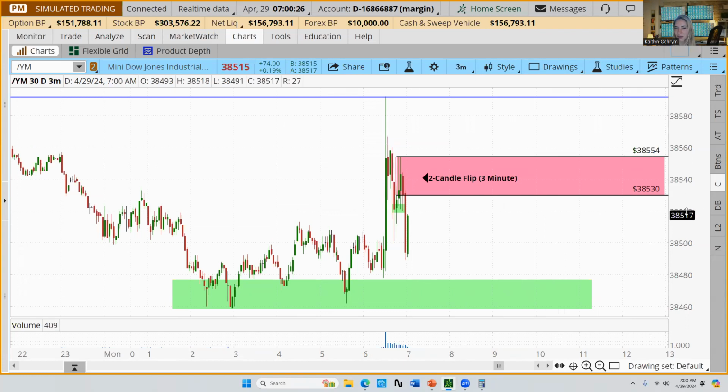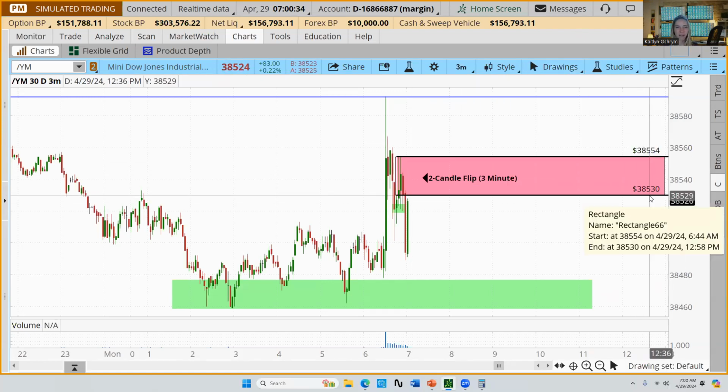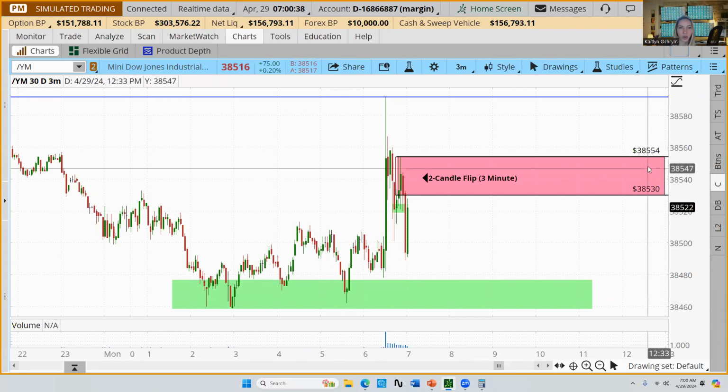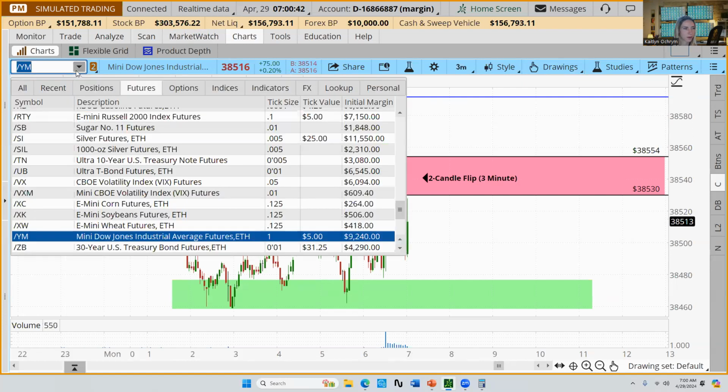Hey, Kelly, what is the risk price on that zone? Yeah, let's see. So it's coming up faster than I thought. 38,530 to 38,554. That's going to be 24 points on the Dow. Coming out to our grid here to see what the point value is in tick value. $5 per tick, which is the same thing as the point value.